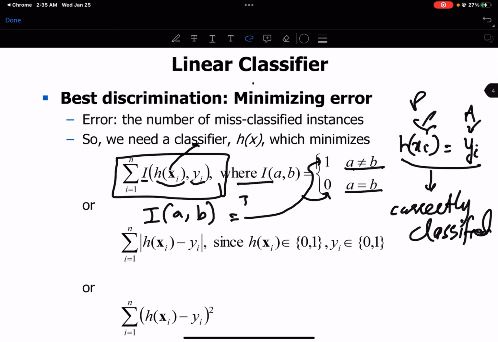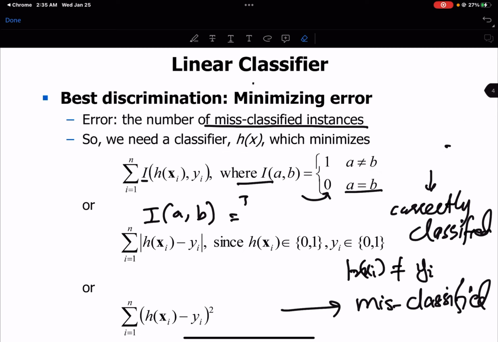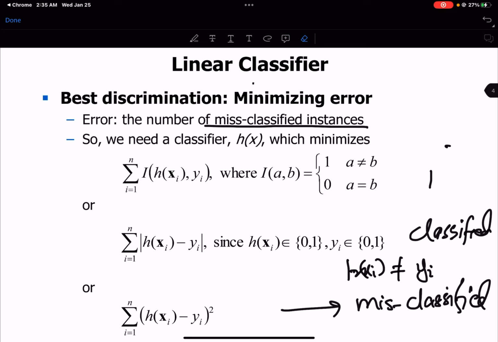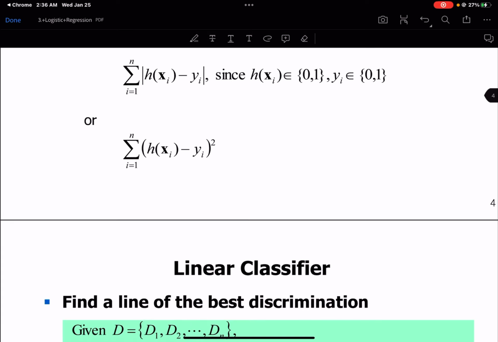However, if h of xi is not equal to yi, we say it is misclassified. And the more misclassified instances we have, the larger will be the error. So error is the number of misclassified instances for our classifier h of x. We are trying to minimize the error: the misclassification error.